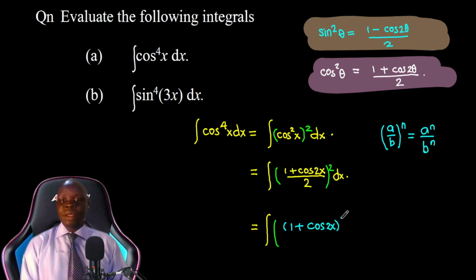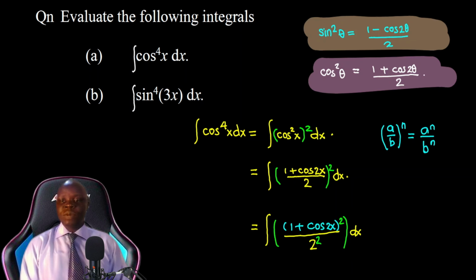This time we can square it, so we have our square here. Then we divide this with our denominator, and that is 2. Also we can distribute this power to the denominator and that is squared. So let's close this bracket, and we are integrating with respect to x.